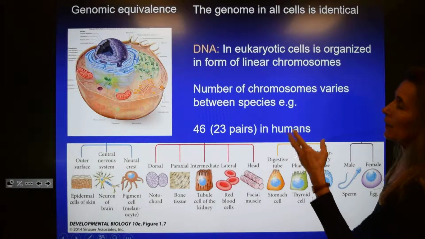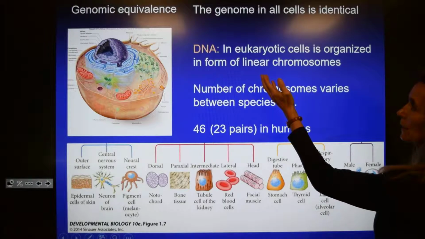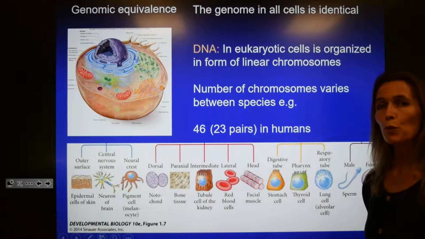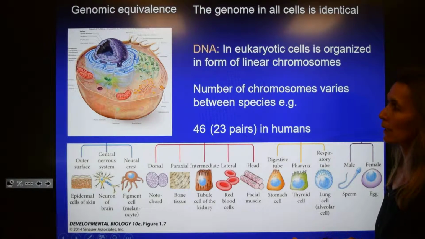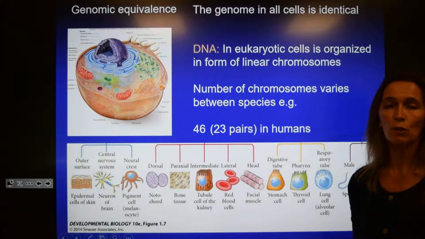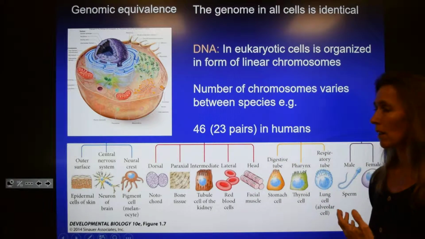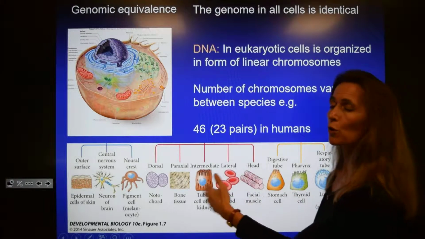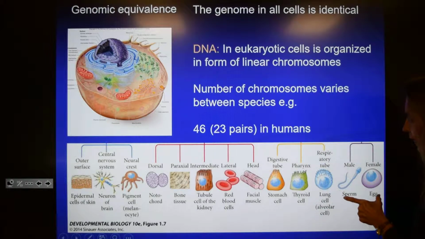In eukaryotic organisms, the DNA within the nucleus is in the form of linear chromosomes, and the number of chromosomes varies between different species. In the case of humans, we have 46 chromosomes: 23 pairs makes 46. This is true for all of the somatic cells, with the exception of the gametes, the sperm and the egg cell.